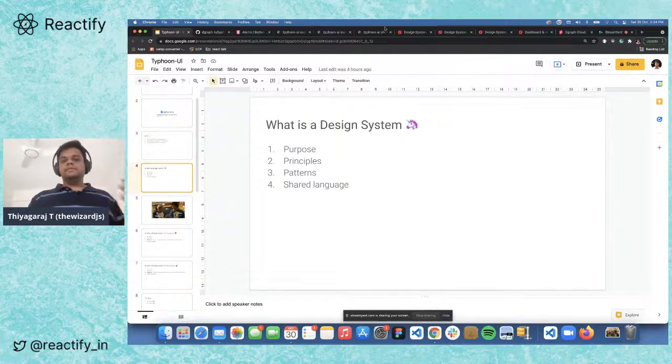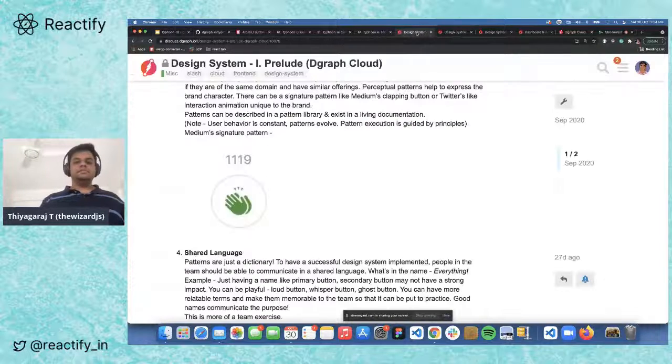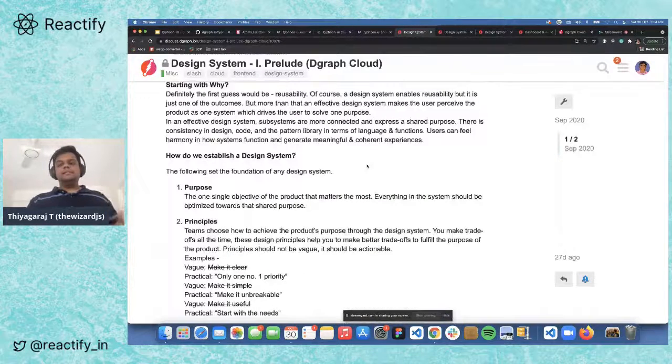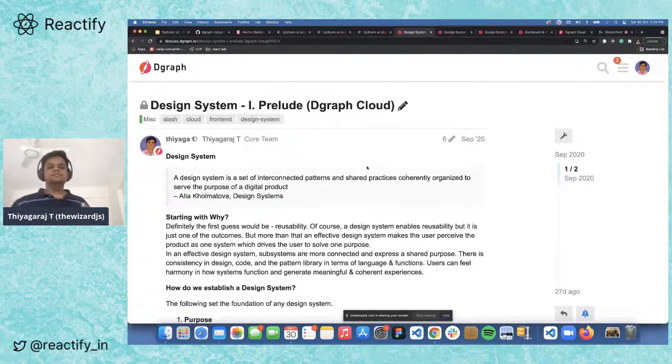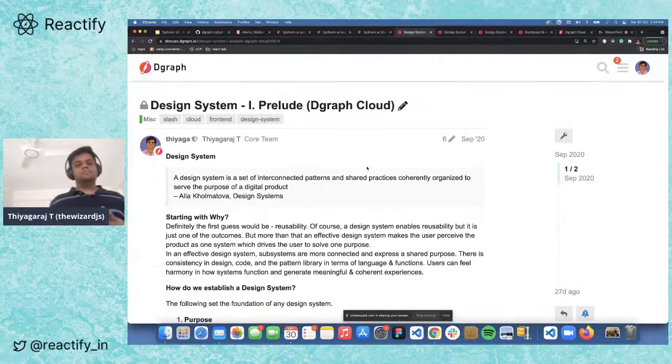If you really want to further know what the constructs are, I'll share the links with the larger audience, and probably you can go through it. If you don't want to read books or a lot of articles, I've summarized all these findings in different blog posts and in the Dgraph open community. A really good book is Design Systems by Ala Kolmatova.